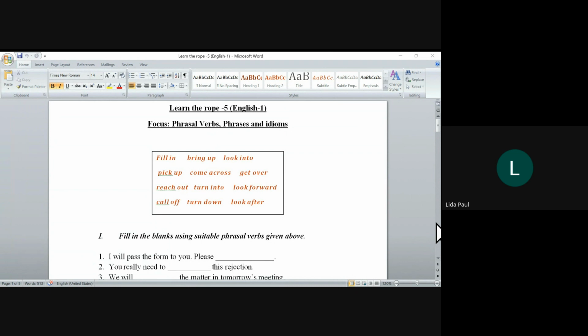Does it change in the case of he or she for that matter? I is first person, and he and she is third person. The question is, will the verb "come across" change its form when you change the person or the number of the subject?